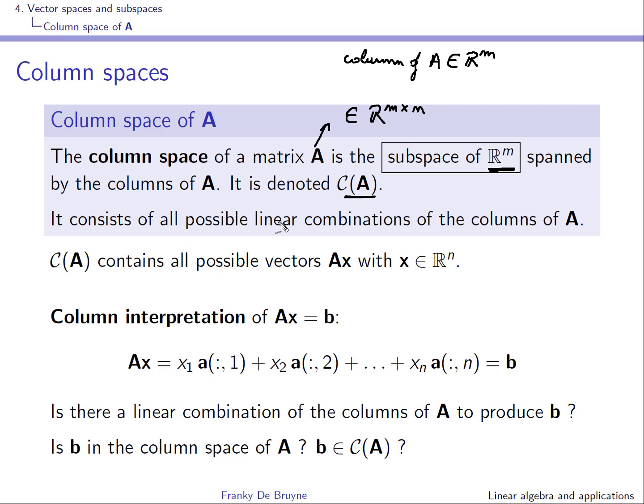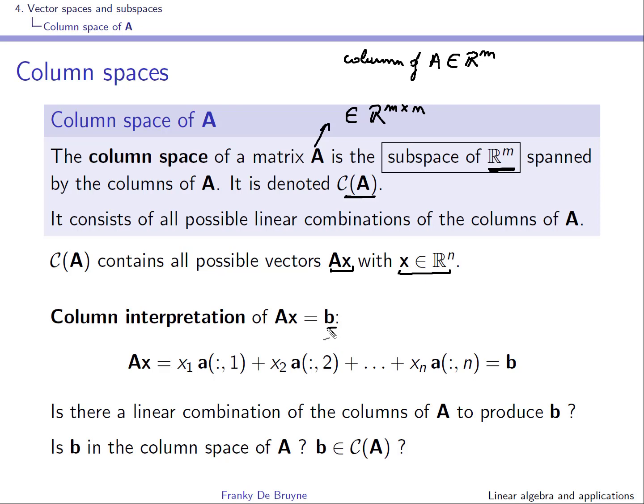So the column space contains all possible vectors Ax with x in Rn, and Ax can be seen as a linear combination of the columns of A. Remember that. Of course x has to be in Rn because the product Ax has to be compatible. A is in R^(m×n), so the number of columns of A must correspond to the number of elements in x.